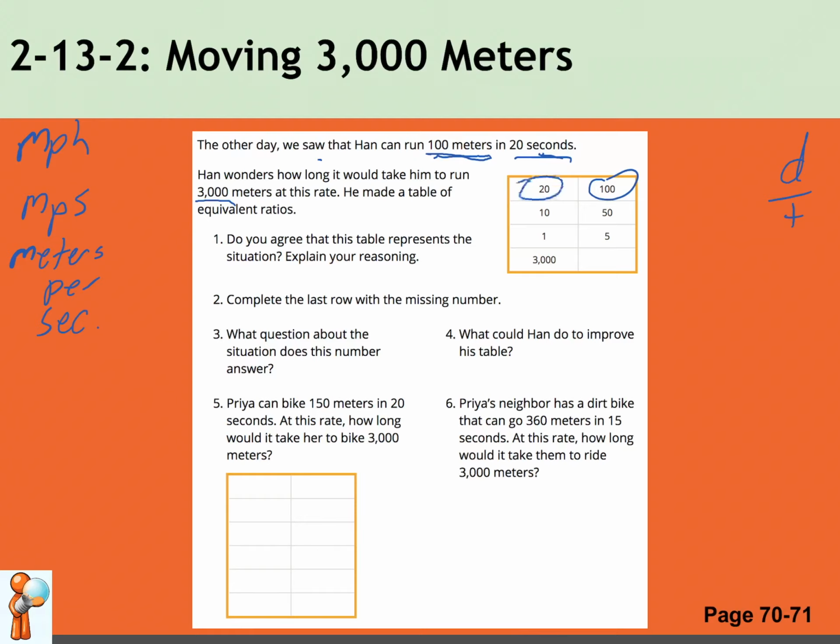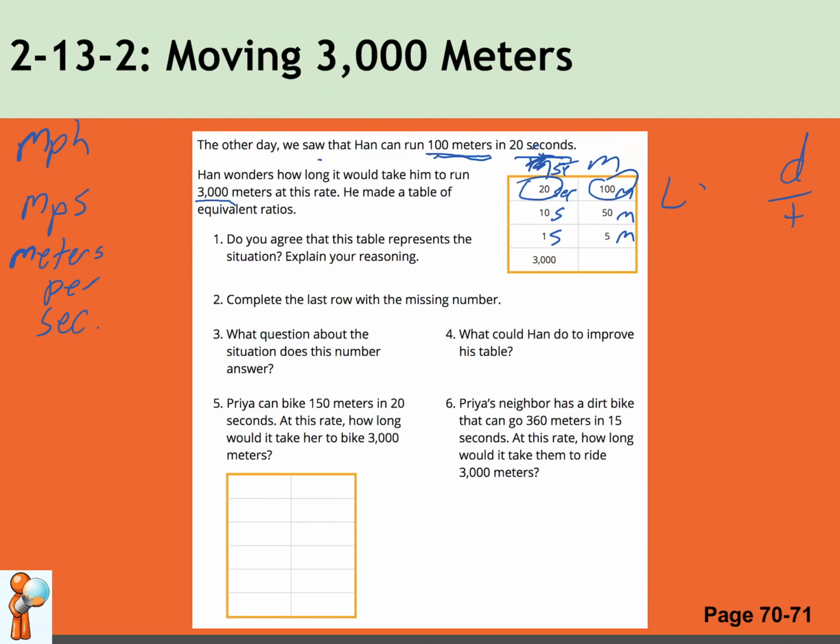I don't agree that the fourth row is correct because we're talking about our meters. That's not our meters. We have our seconds and our meters, right? 20 seconds to 100 meters. 50 meters in 10 seconds. 1 second is 5 meters.